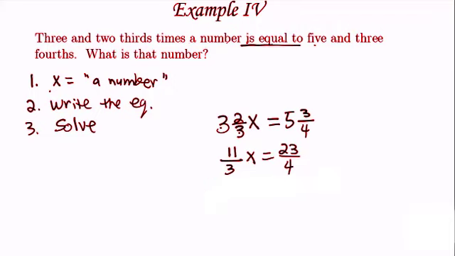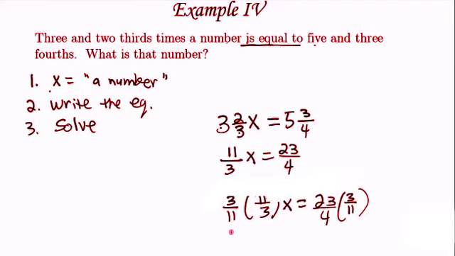I'm going to multiply by the inverse, or the reciprocal, which is 3/11. So if I have 3/11 times 11/3 x equals 23/4, I also need to multiply the right side by 3/11.